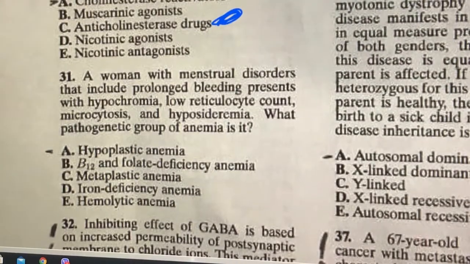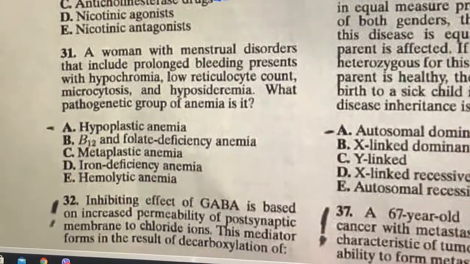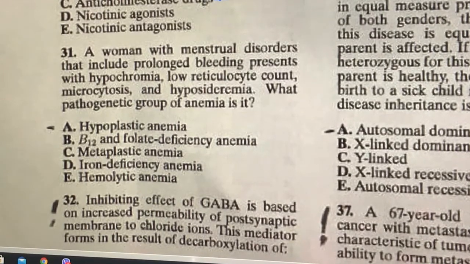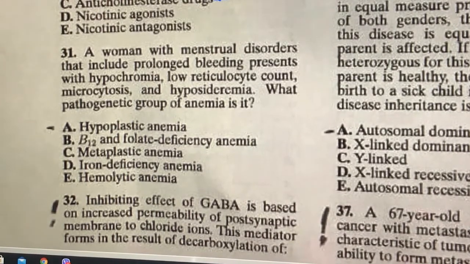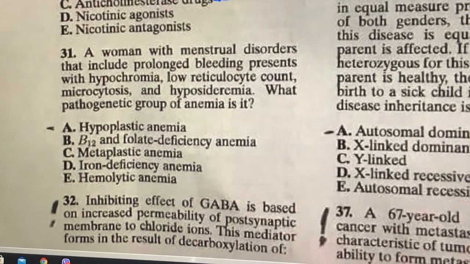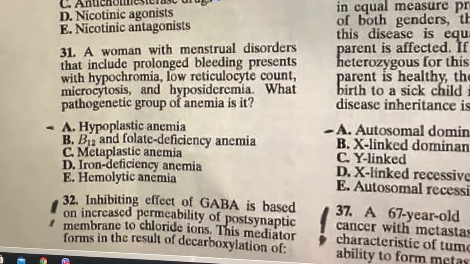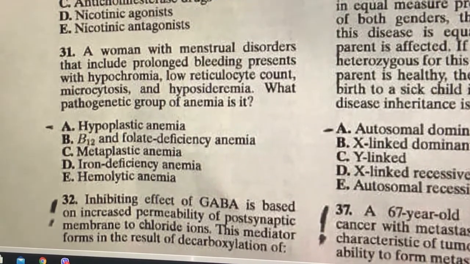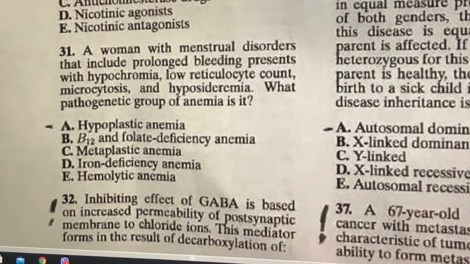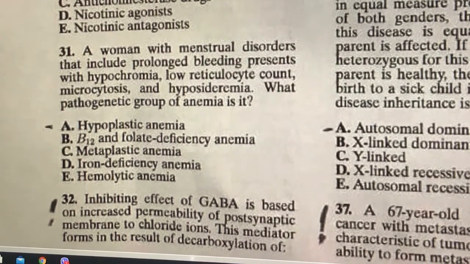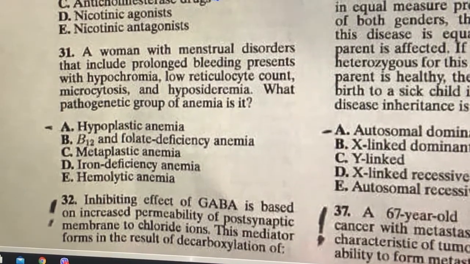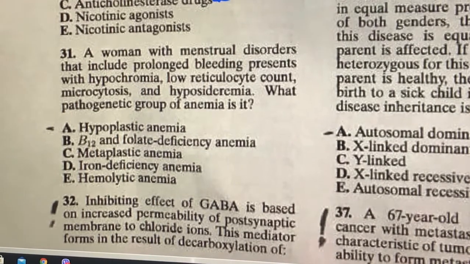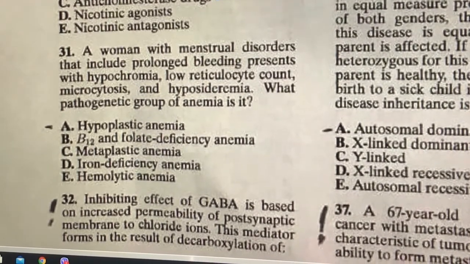Question number 31. A woman with menstrual disorder that includes prolonged bleeding presents with hypochromia, low reticulocyte counts, microcytosis and hypocythemia. What pathogenic group of anemia is it? They have given hypochromia, by this you will know, and also microcytosis.